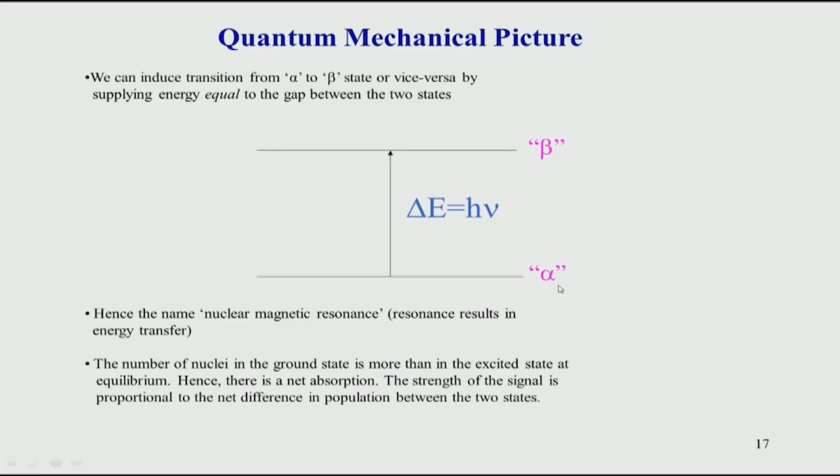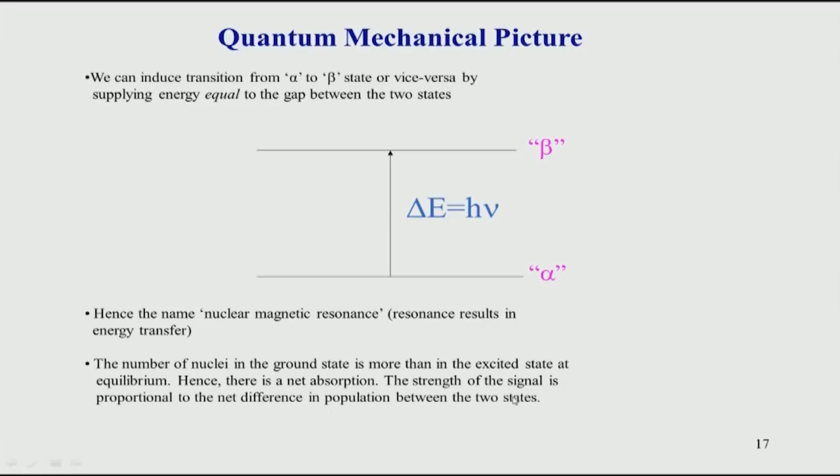But if the difference is not 0, suppose you have more in the alpha state and less in the beta, there will be more molecules absorbing than coming down. So, there is a net positive absorption of energy, and that is what we rely on in NMR. It all depends on the net difference. The word difference is very important here, the net difference in the population between the two states.